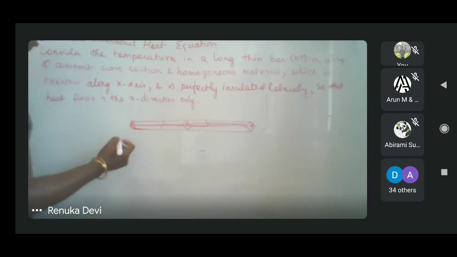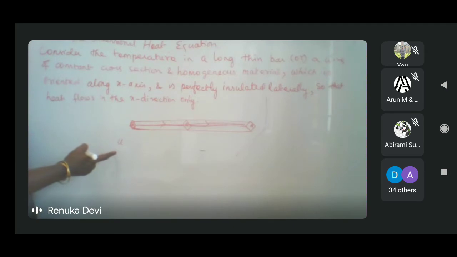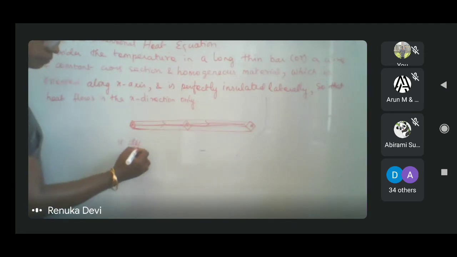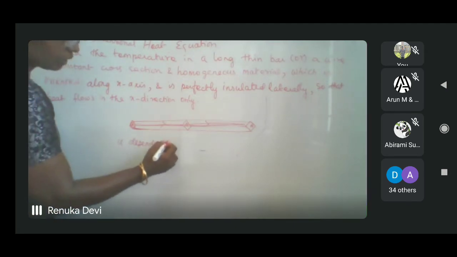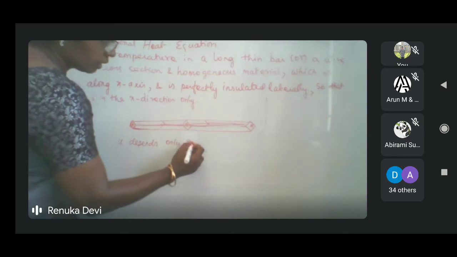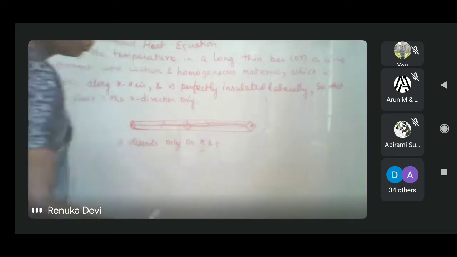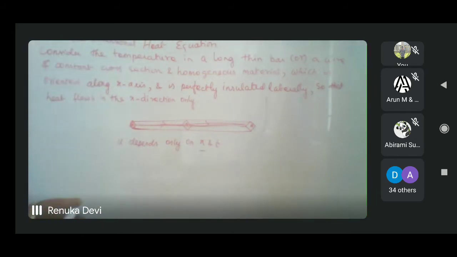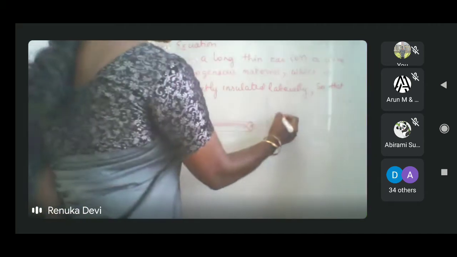Therefore, if I take u as the heat variable, the temperature is denoted by the variable u, then u depends only on x and t, isn't it? What is the general heat equation?